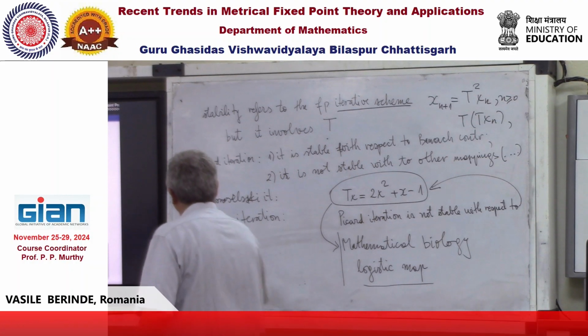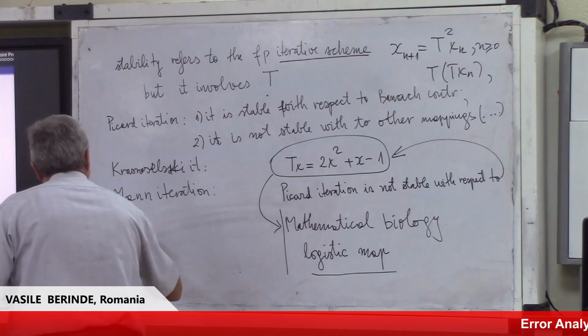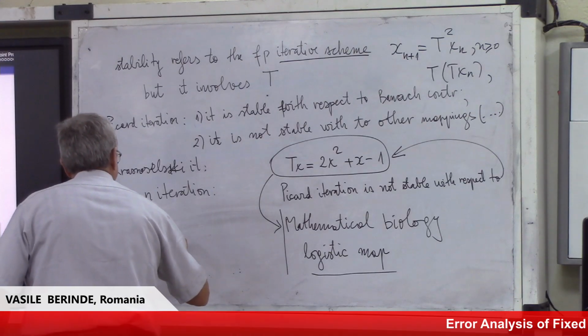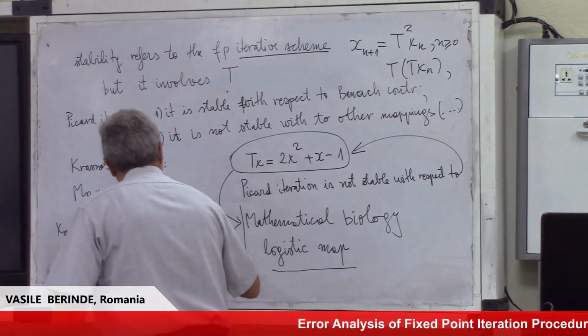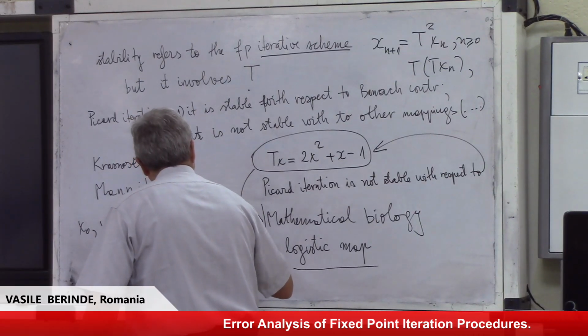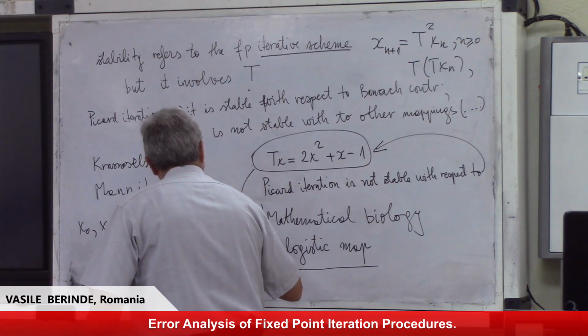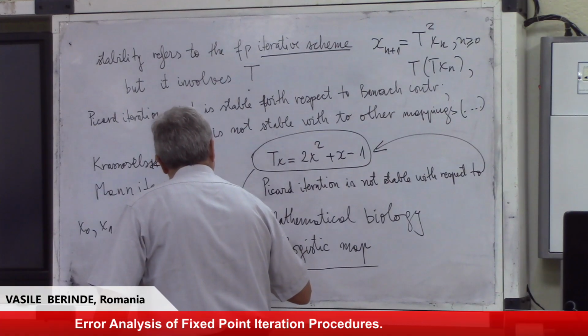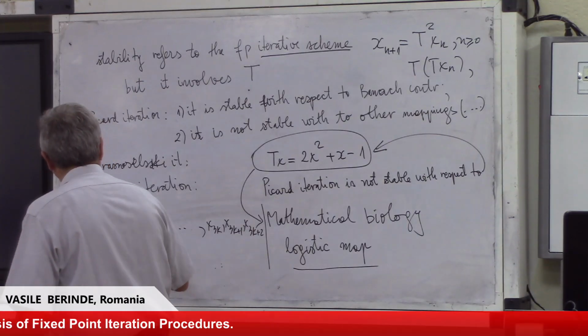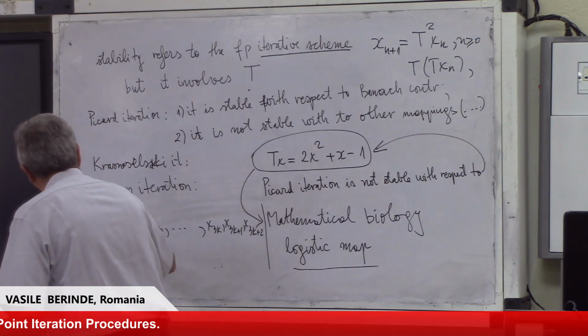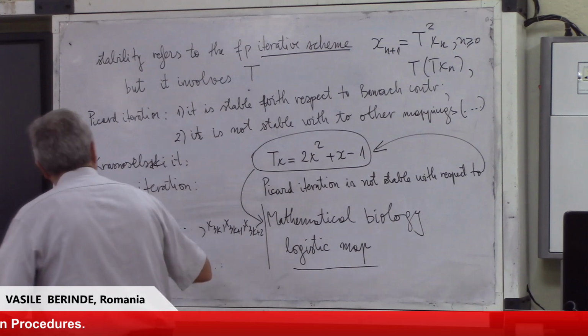We have this sequence x_{3k}, x_{3k+1}, x_{3k+2}. When we have T², this will be taken into consideration, this not.